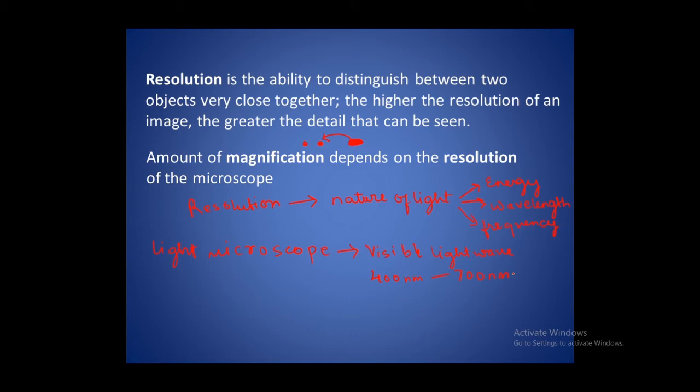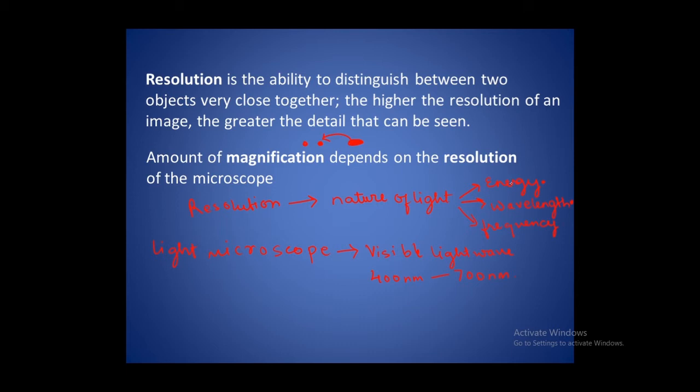Before I go into further detail, I just want to tell you a very simple relation between energy and wavelength. Energy and wavelength have a relationship which is reciprocal. They are reciprocal to each other. That means if a light wave has a very high wavelength, then the energy of that light will be very low.